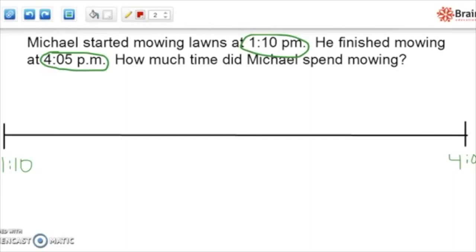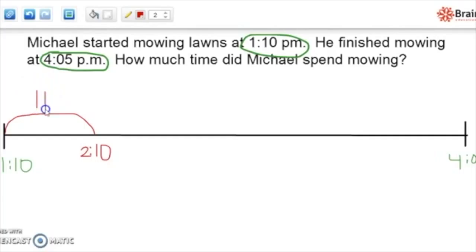So with that in mind, I'm going to begin with 1:10 p.m. And the simplest way to solve this problem is going to be to make jumps in increments beginning with 1 hour. So if I make a jump of 1 hour from 1:10, it will take me to 2:10 p.m. Notice that my hours are changing, but my minutes are staying the same.